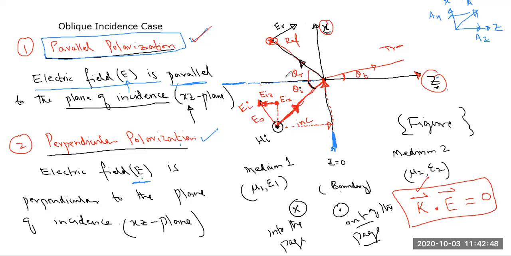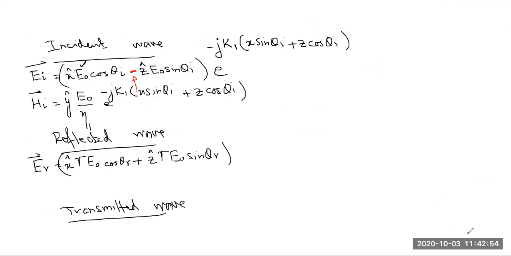And now the equation will be with respect to this angle, theta. You can see that in this equation I'm using theta. What will be the angle? Again, e power minus j k1. Why am I still using k1?